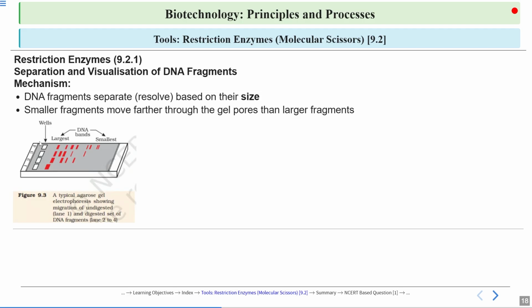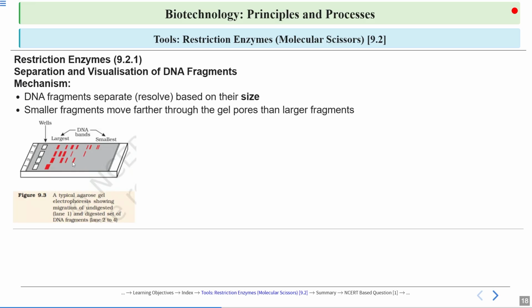In a typical agarose gel electrophoresis, this is the well where we put the DNA, and this is the ladder. The DNA fragments move towards the positive electrode, that is the anode, based on their size.